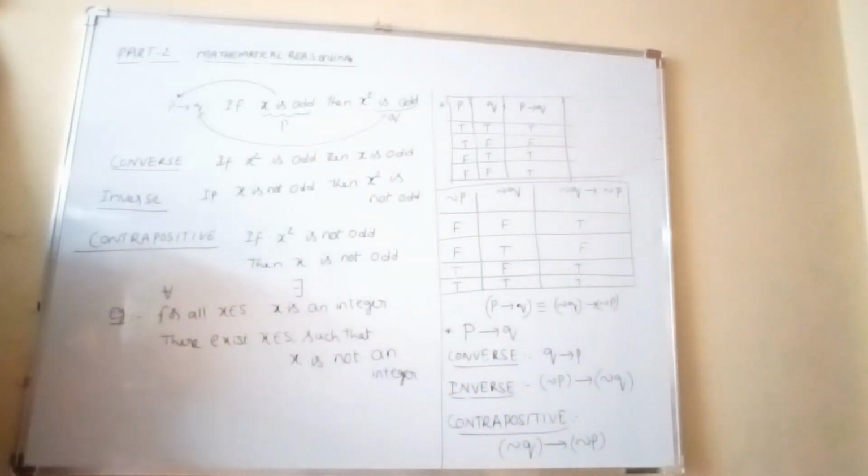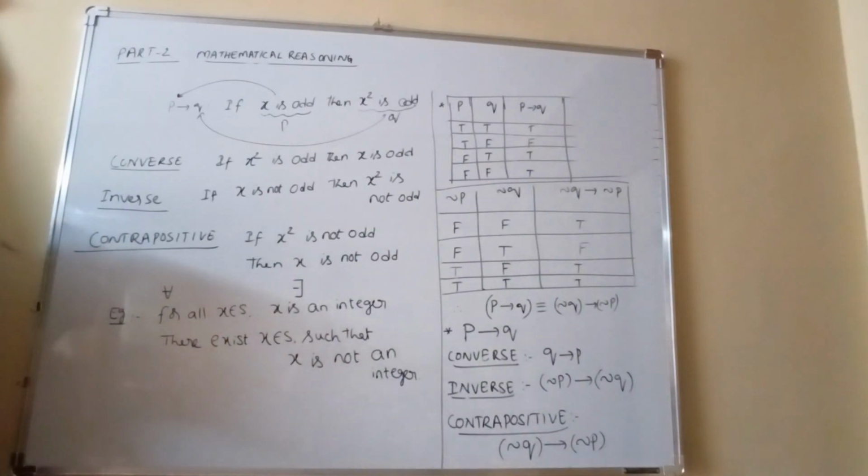They can use for all or for every also, no problem. So for all X belongs to S, X is an integer. What is its negation? There exists X belongs to S such that X is not an integer.